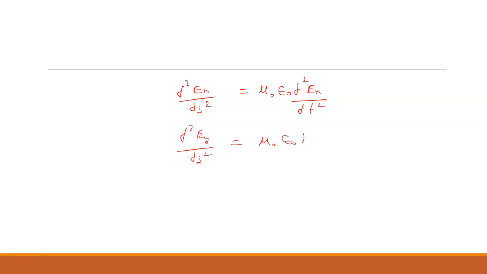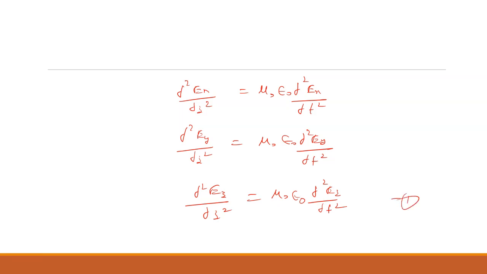Curly square Ex by curly z square equals mu naught epsilon naught curly square Ex by curly t square, curly square Ey by curly z square equals mu naught epsilon naught curly square Ey by curly t square, and curly square Ez by curly z square equals mu naught epsilon naught curly square Ez by curly t square. This is our equation number 1.